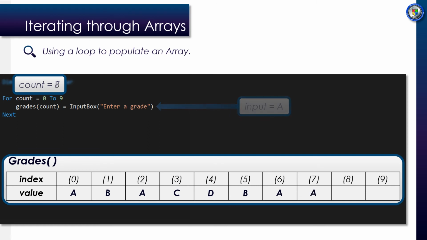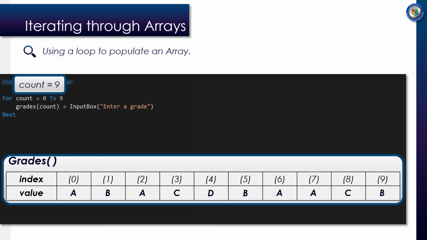We are traversing through our array and inputting data. Final time round is 9, which means of course index 9 will be populated with our input B.